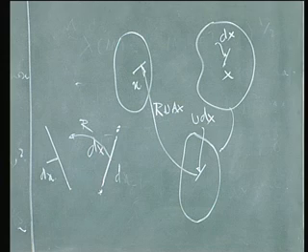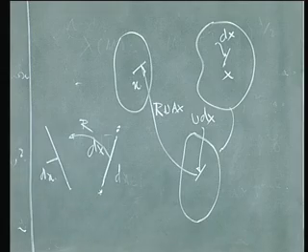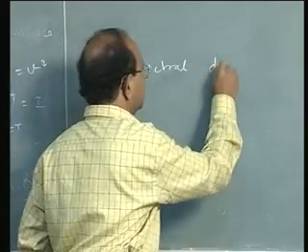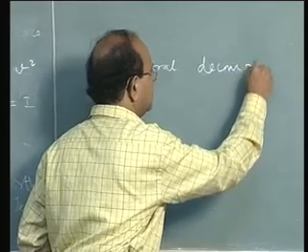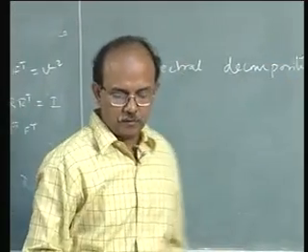Having now defined the RU decomposition as it is called, let us come to one more decomposition called spectral decomposition. Now, what is spectral decomposition? I think we have done that, or you would have done it in earlier classes, on eigenvalue problems.